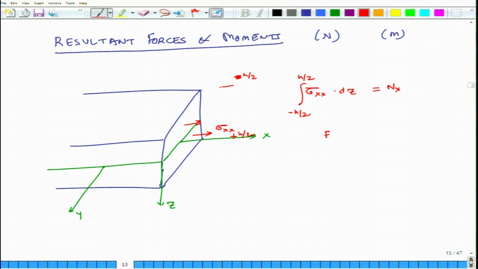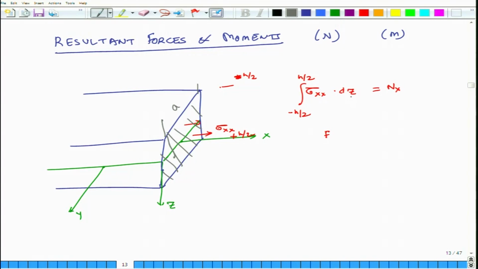So, if I integrate sigma x over this entire area, just think about it, then what is it? It is the total force which is being exerted in the x direction, and if I divide that total force by this distance a, then it is force per unit length, right. So, Nx is basically force which is being applied in the x direction on the composite laminate per unit length, and that is the integral of sigma xx times dz.